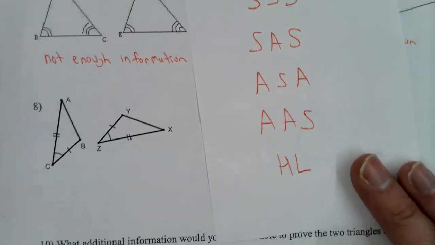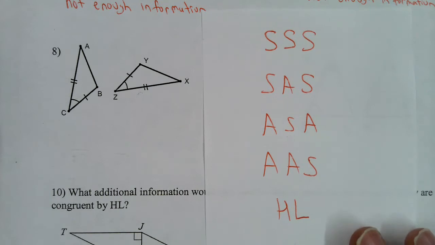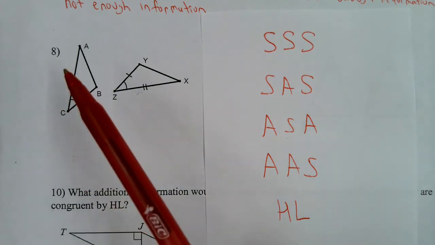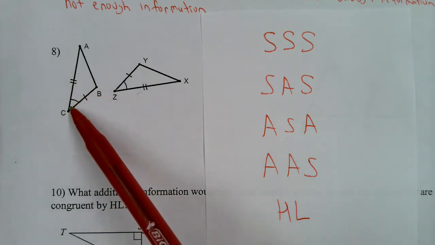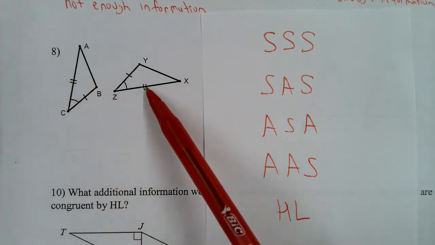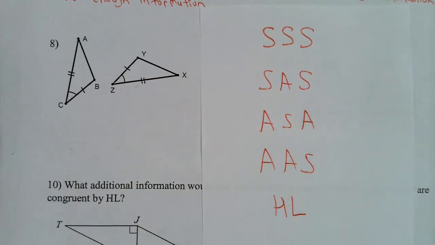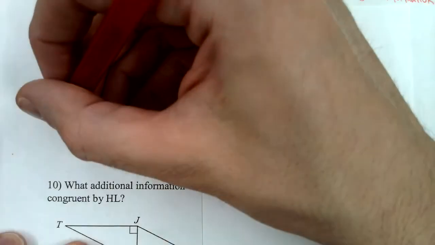However, number 8 does work. Pause the video if you need to figure out the answer ahead of time, but it goes side, included angle, side. So this one is side, angle, side. I'll say triangle BCA.